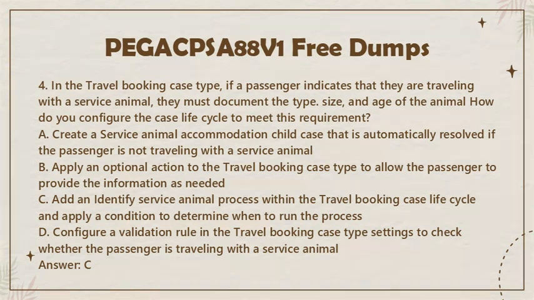B. Apply an optional action to the travel booking case type to allow the passenger to provide the information as needed. C. Add an identify service animal process within the travel booking case lifecycle and apply a condition to determine when to run the process. D. Configure a validation rule in the travel booking case type settings to check whether the passenger is traveling with a service animal. Answer. C.